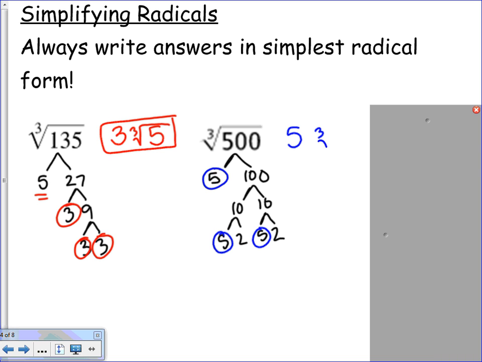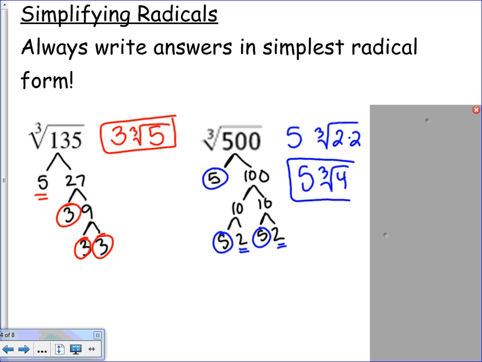We're still left with a cube root. And then what are your singles that are left over? 2 and 2. And they don't have enough to go outside, so we have to put all the singles back into the radical, and they get multiplied together. So our final answer should be 5 cube root of 4.